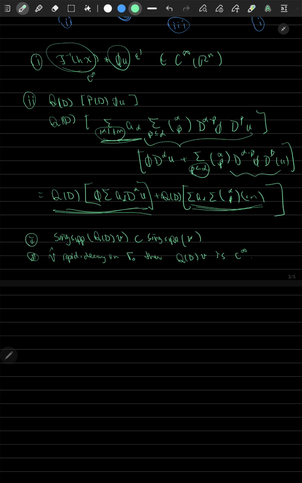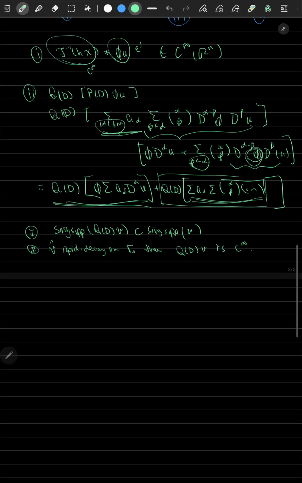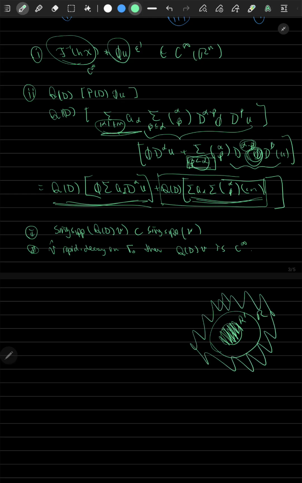So you have these two facts, and by fact number 1, we can show that this term is smooth, because notice that we never take derivatives of order 0 here, because beta is always less than alpha. And this phi is a test function. Not only is it a test function, but it equals 1 below some radius r prime, and it equals 0 after some radius r.